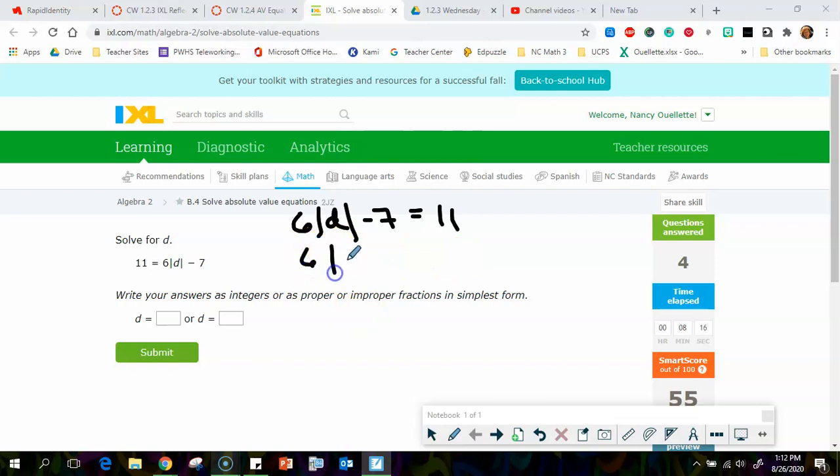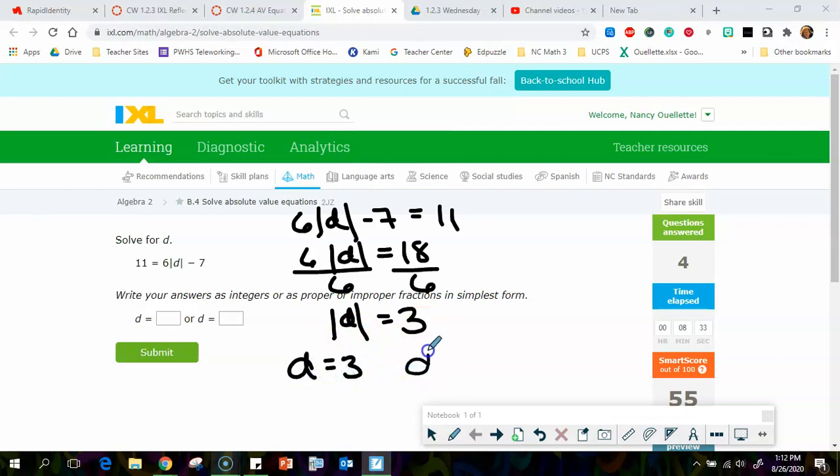So 6 times absolute value of d equals, that's going to be 18. Divide by 6. Absolute value of d equals 3. So that means it's isolated now, so I can break it up into two equations. I don't need to do any solving. So d equals 3 or negative 3.